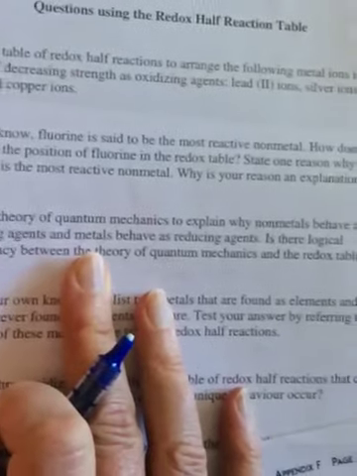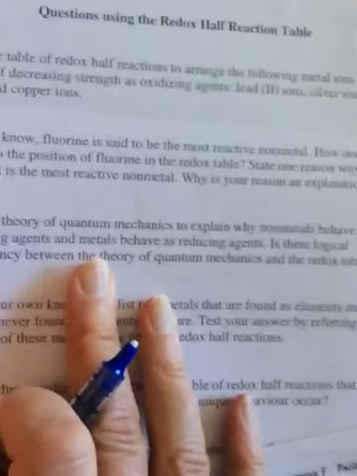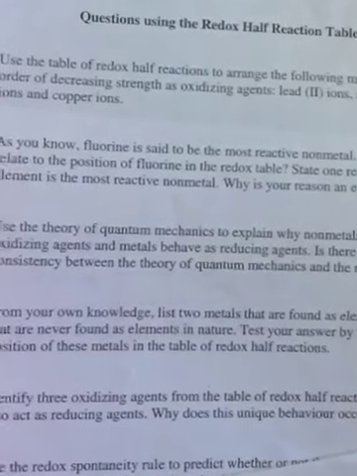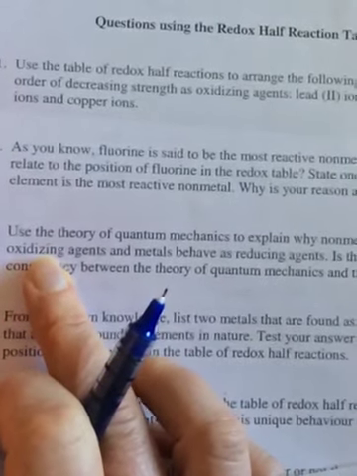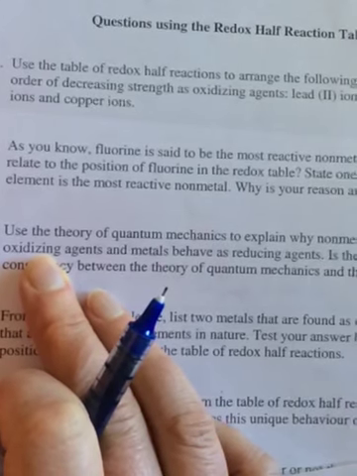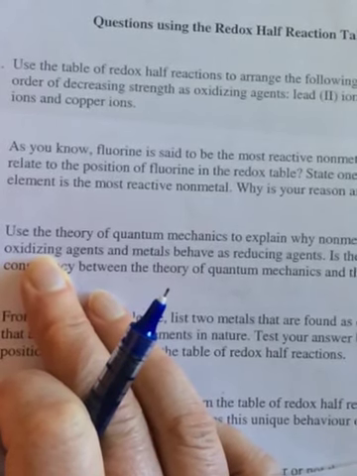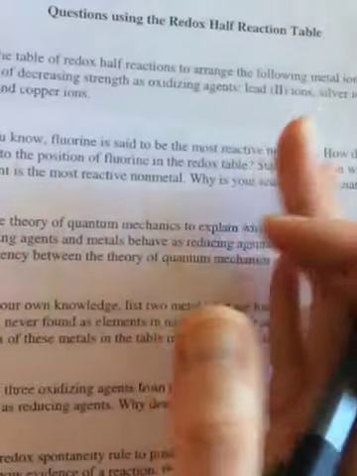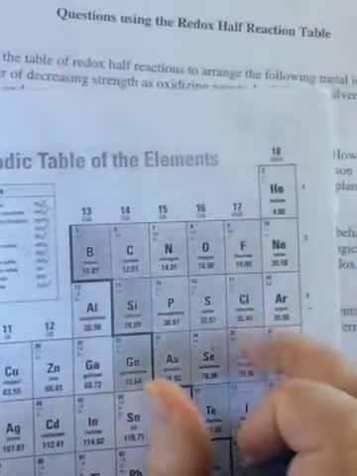Number 3, they meet in this one too. Use the theory of quantum mechanics to explain why nonmetals behave as oxidizing agents and metals behave as reducing agents. So oxidizing agents are things that are being reduced, and things that are being reduced are gaining electrons. The nonmetals, they're over on the outer edge of the periodic table, they're over here, they need electrons.